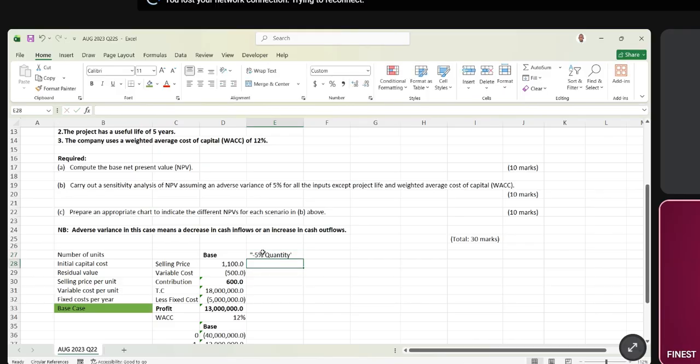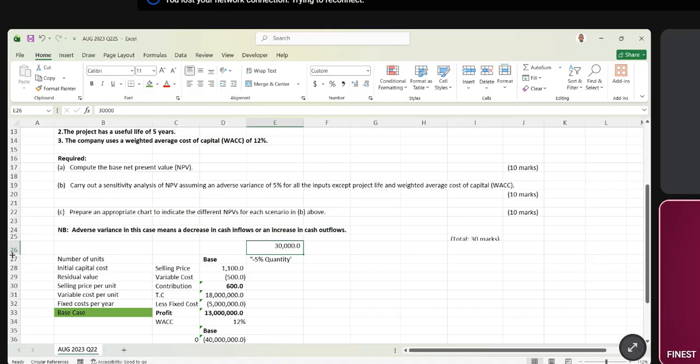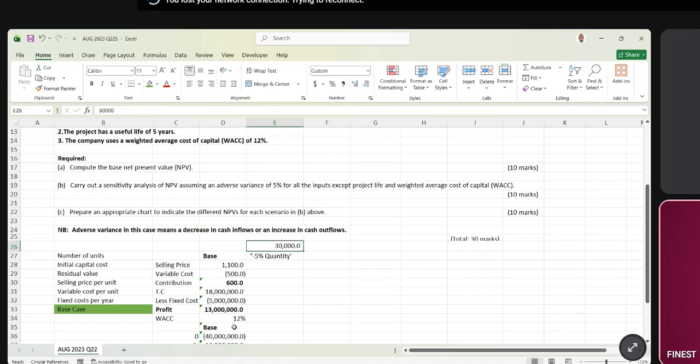So the 30,000 stays like that. This one will remain the same up to here, right? So we will have 1100, negative 500 and 600.